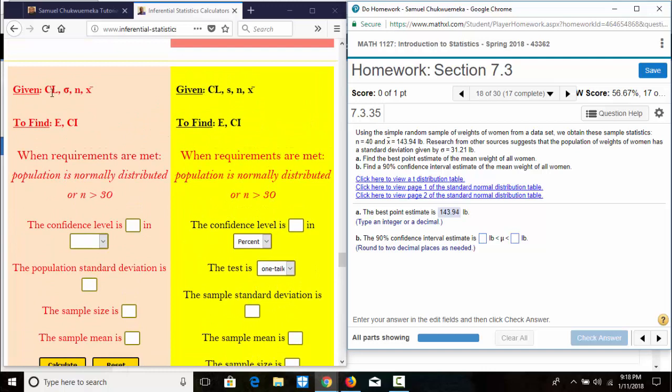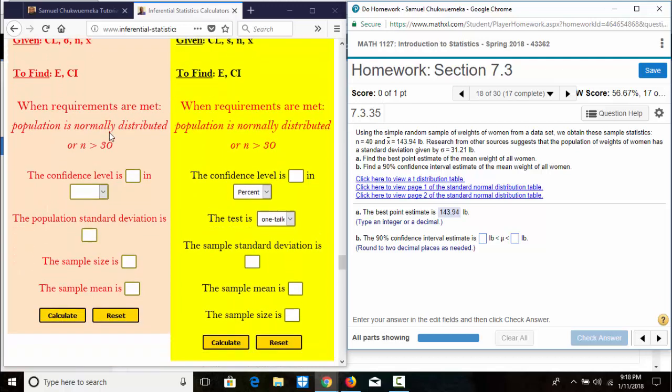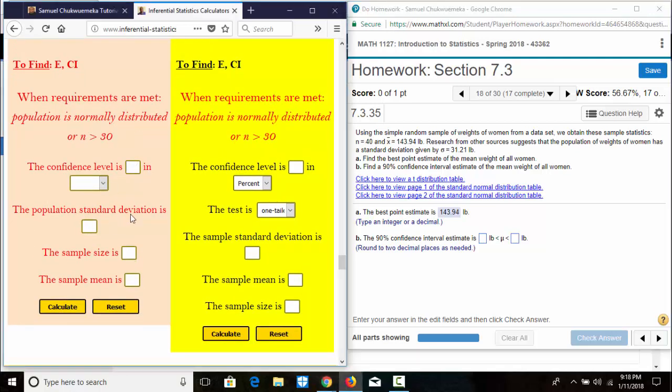They give us the confidence level, which is 90%, population standard deviation, which is 31.21 pounds, sample size, which is 40, and the sample mean, which is 143.94 pounds. So we're going to use this one.